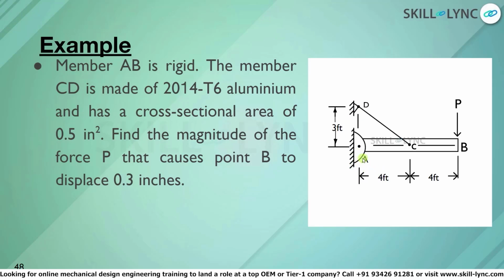General given data can be seen as AD is equal to 3 feet, AB in total is 8 feet, and C is the midpoint, so AC is 4 feet. So we are asked to find the magnitude of force P, which is the load given here, and it is also given that due to this force P, the point B is displaced to 0.3 inches. Now let us solve the problem.